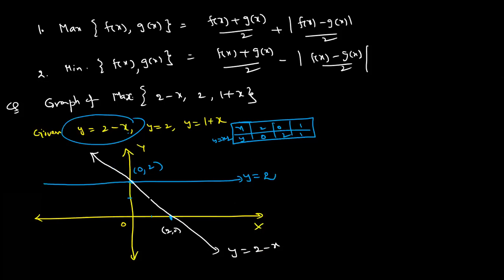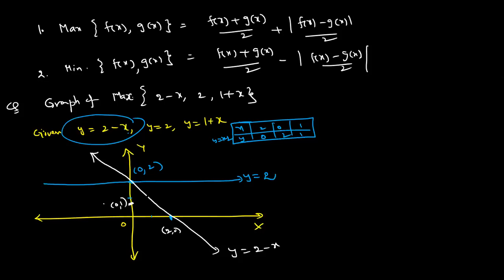Fine. Another one. Finally, one more graph is left. What is that? y is equal to 1 plus x. How to draw? y is equal to 1 plus x means the slope is positive. Okay, like this the graph is coming. And put x is equal to 0, y is 1. That means what are you passing through? Passing through 0, 1.